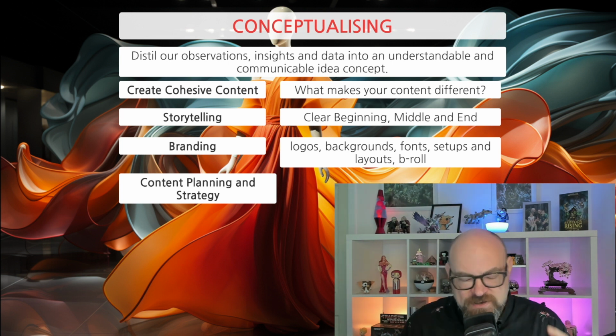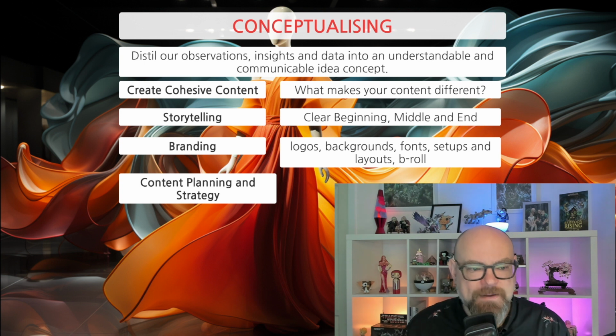You can make some choices about logos and backgrounds and setups, but don't feel like you have to have everything locked down. These will change over time and change many times as you create media.